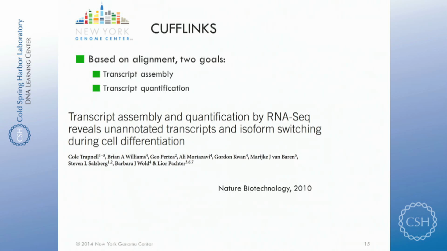It will try to assemble transcripts, including new transcripts, and try to discover new isoforms. And it will quantify the transcripts, okay? It was proposed in a paper in 2010, again by Steven Salzberg and a few other investigators, and the first author is the same as for TopHat.